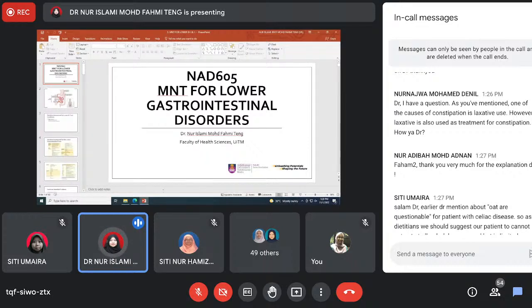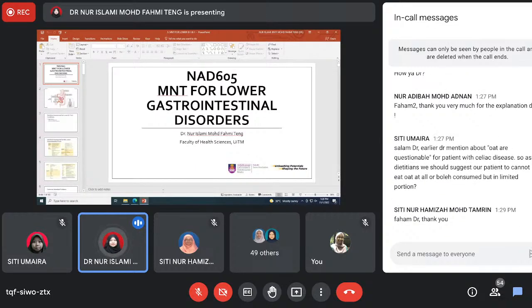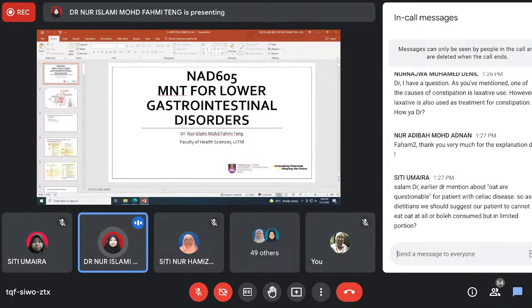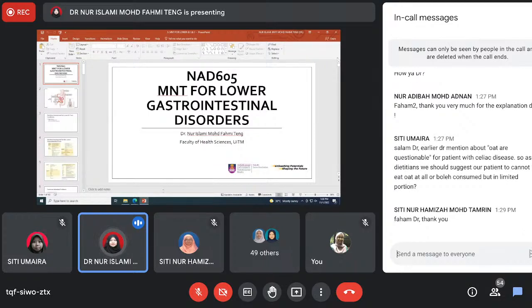The patient dia tak boleh ambil laxative, dia akan menyebabkan constipation. This is just part of the medical management lah. Kadang orang tu dia tak makan apa-apa tau, so dia dapat laxative, dia lagi tak boleh nak membuang, nak bowel open, so this is actually part of medical management lah. So we just look lah, either dia take laxative, and then dia constipate, so perhaps that medication is not suitable for them. Okay.